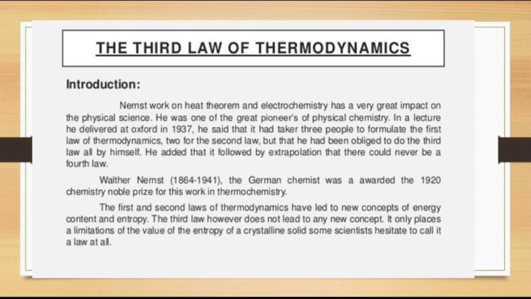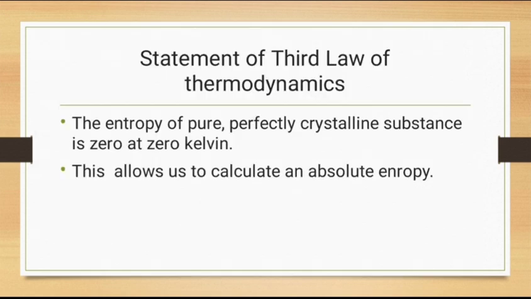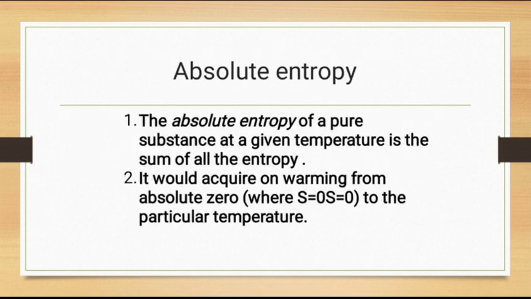The third law, however, does not lead to any new concept, and it only places a limitation on the value of the entropy of a crystalline solid substance. And some scientists did not accept this as a third law. They were thinking only 2 laws would be there. And we have seen this statement: the entropy of a pure perfectly crystalline substance is 0 at 0 Kelvin. Now we will see the absolute entropy.